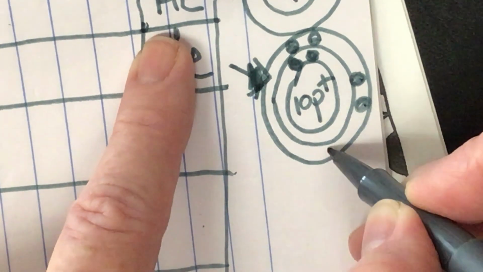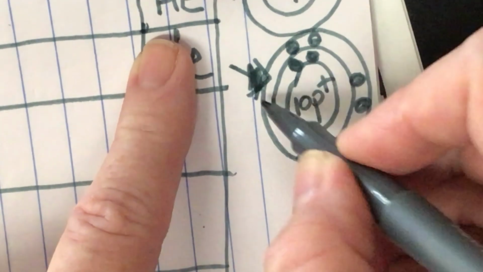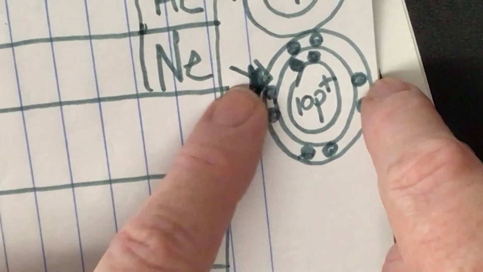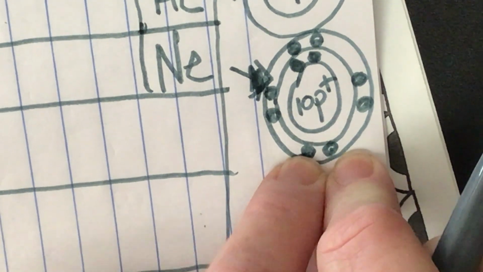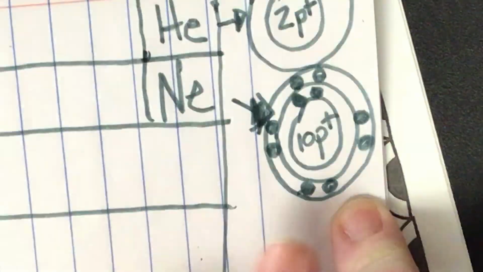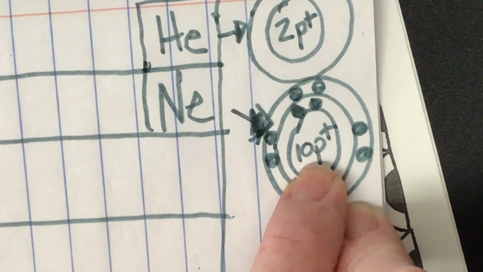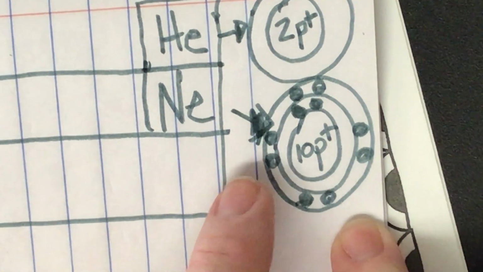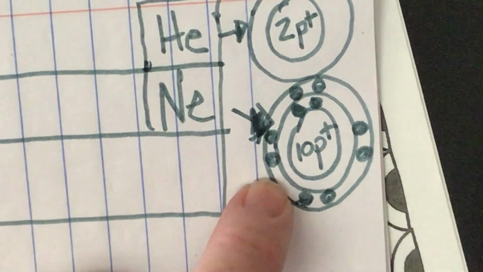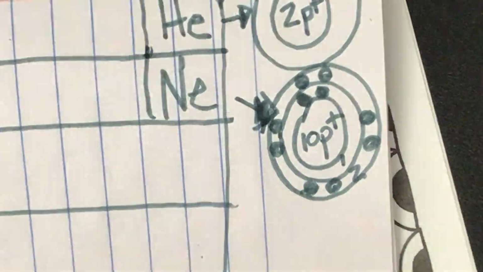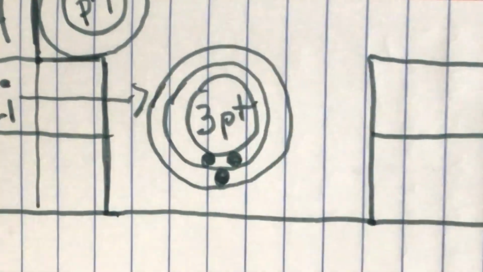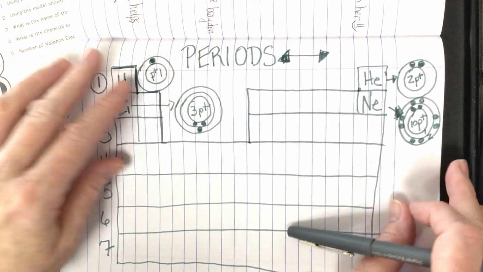Now, is neon going to be reactive or non-reactive? Okay, it's got 8 valence electrons, so it's perfect. It will never react with any of these elements. Every other element is trying to be like a noble gas. Okay, how many energy levels does neon have? 1, 2. All right, what does neon have in common with lithium? They have the same number of energy levels.